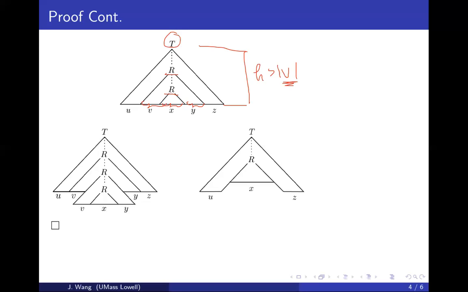So here you can see we can remove V, you can remove Y, you can still derive that string because you have R here. Likewise, you can pump it up. In other words, I can now have another R here, so that means we get a copy of V squared, Y squared.